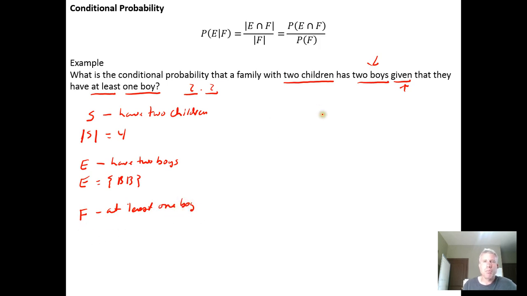So having at least 1 boy, what does that look like? Well, you can have boy, boy. You could have, whoops, we're doing 2 kids, not 3. You could have boy, boy, boy, girl, girl, boy. Those are the only 3 ways to have at least 1, right? The only other option is girl, girl.